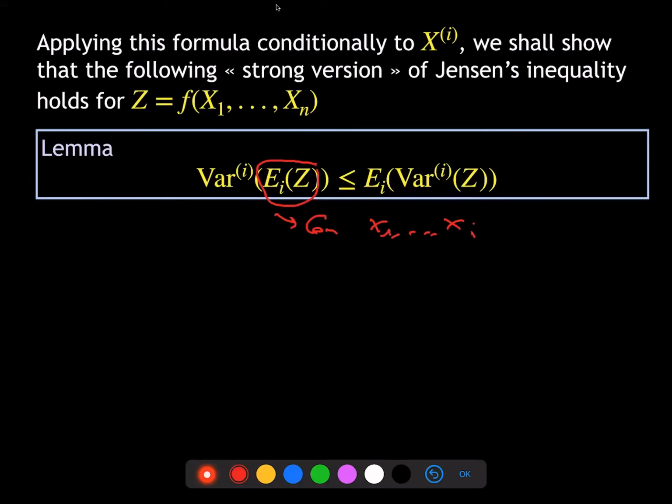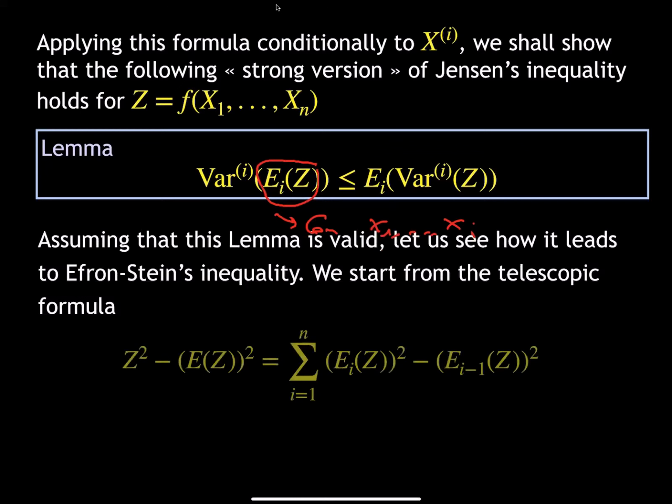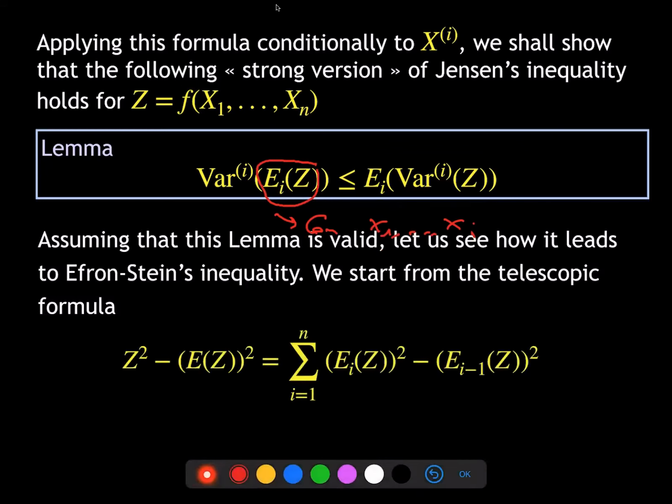So let's see that using just this lemma here that we shall prove afterwards, then we can prove Efron-Stein's inequality without orthogonality. Let's see how to do that. We simply write z square minus expectation of z square as a telescopic formula involving the conditional expectations.